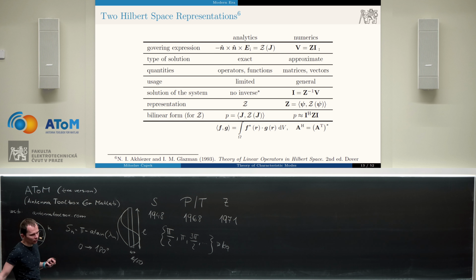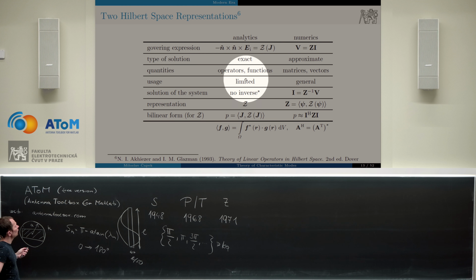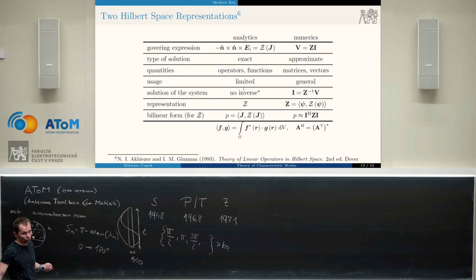In the first case, for analytics, typically the solution is exact, but unfortunately, we cannot find an inverse to this problem. That means that typically we cannot find such a solution. But on the contrary, for numerics, we have only an approximate solution, but we can find it easily. We just invert this matrix, or we decompose it into characteristic modes. So this is the advantage of the numerics.